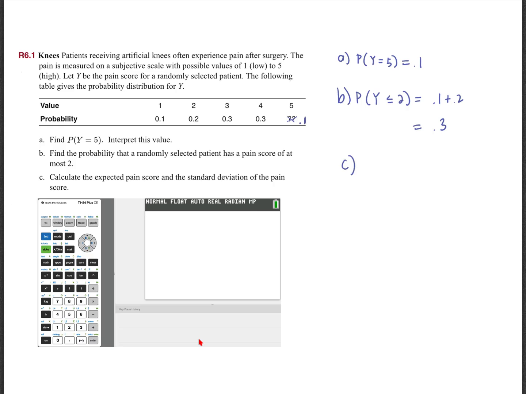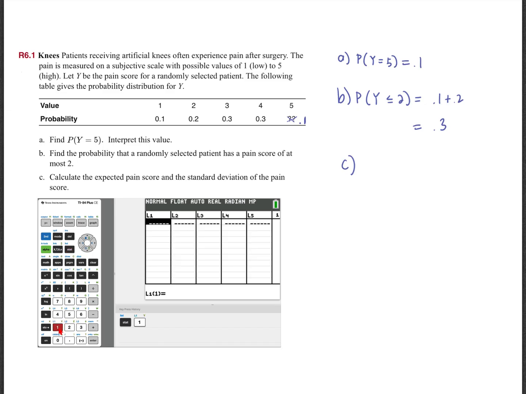If we look at the calculator, first we go to stat and hit enter for edit, or number 1 for edit, and put all the possible values for the variable into L1, and then all the probabilities into L2, the corresponding probabilities in each row.